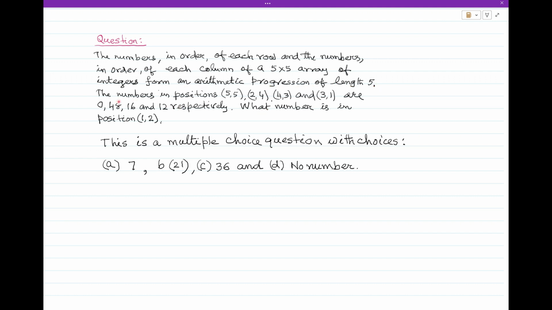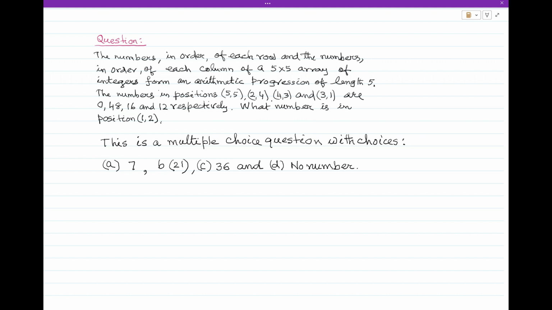The numbers in positions (5,5), (2,4), (4,3) and (3,1) are 0, 48, 16 and 12 respectively. What number is in position (1,2)?